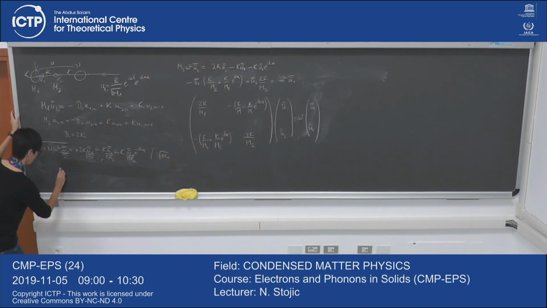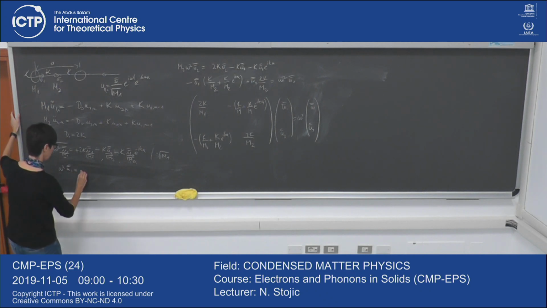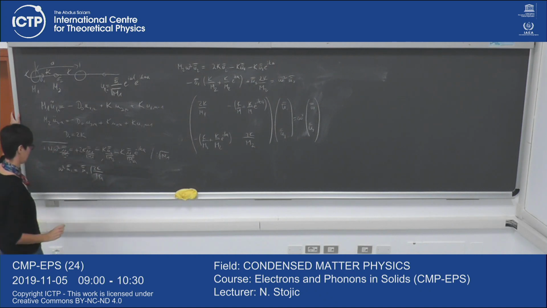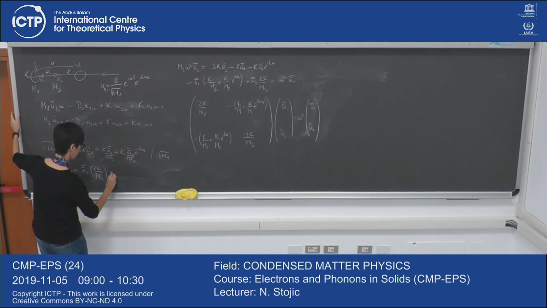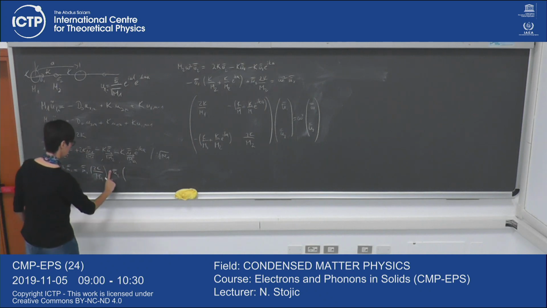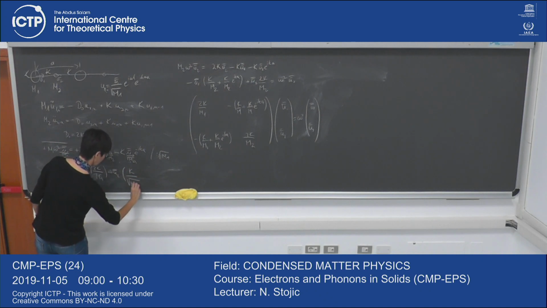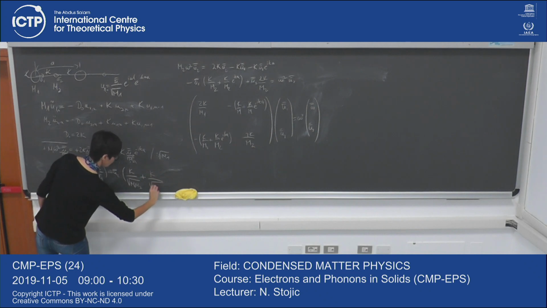And we are getting omega squared U1 equal to U1 times 2K over M1. That's correct. Plus U2 minus K over square root of M1 M2 plus K over square root of M1 M2.